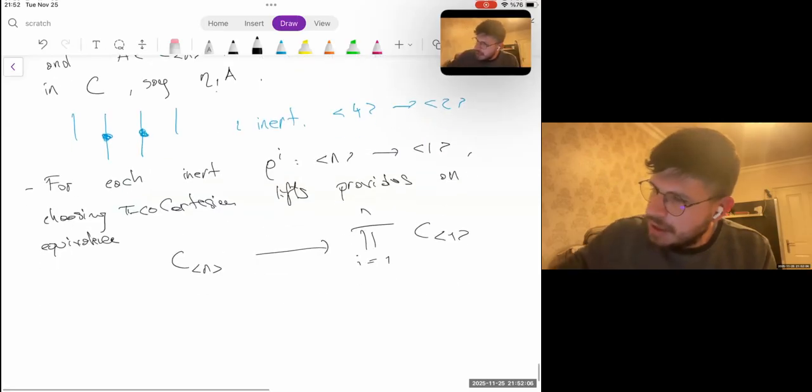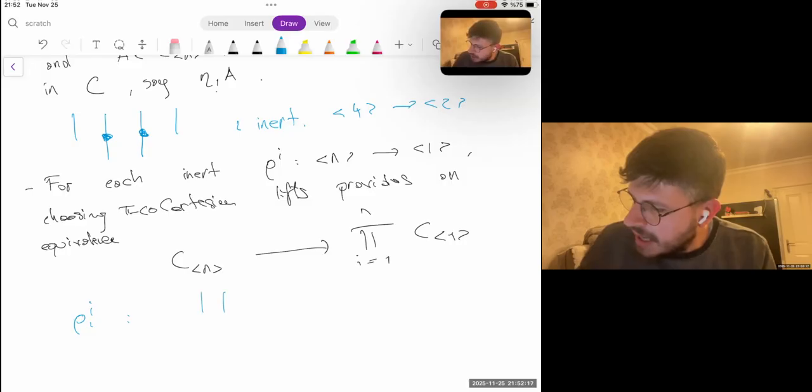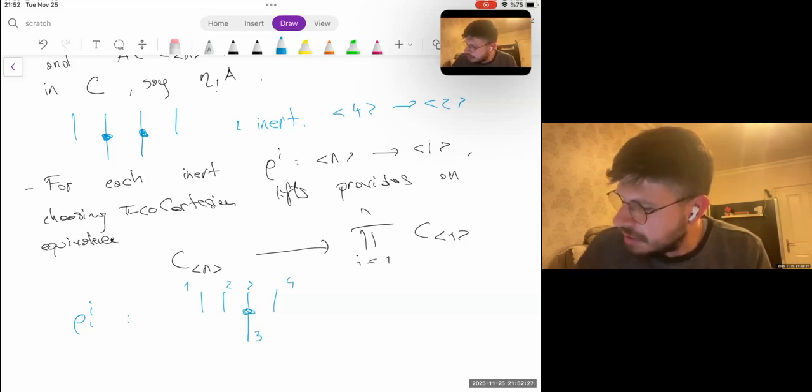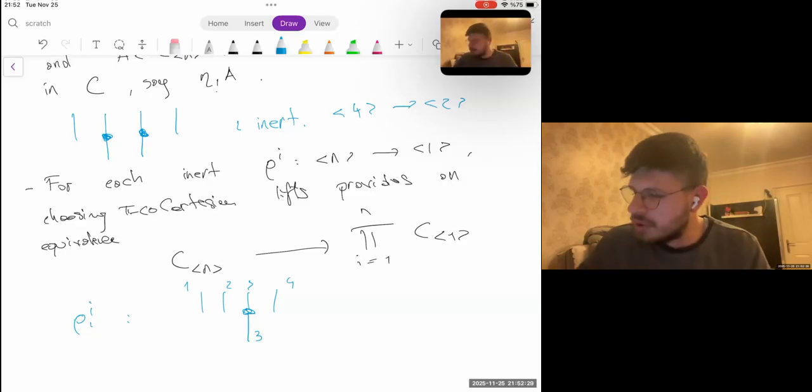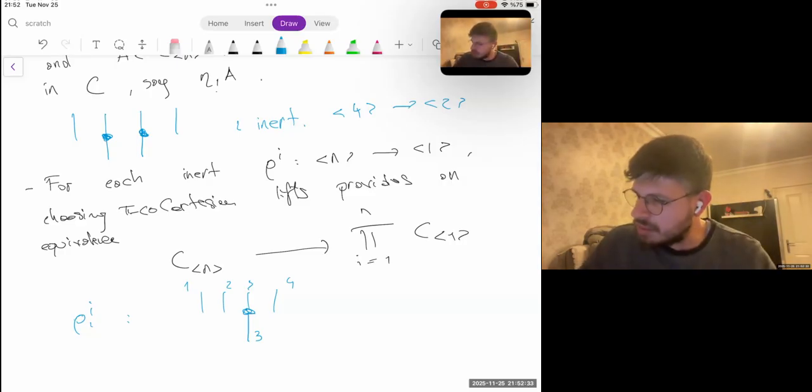So this row I, did I write the row I? Doesn't matter. So this is where you have, say, 1, 2, 3, and 4, and you kind of map into this single element here. So you pick the ith term of your sequence and you choose that particular morphism.